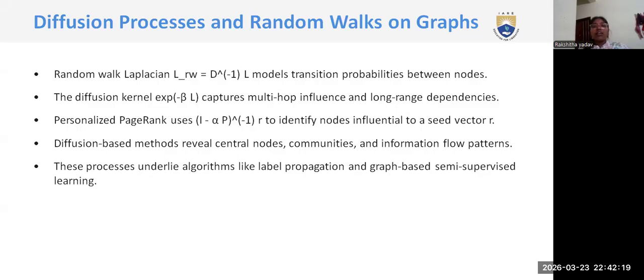Personalized PageRank uses (I minus alpha P) to the power minus 1 r to identify nodes influential to a seed vector r. This process underlies algorithms like label propagation and graph-based semi-supervised learning.